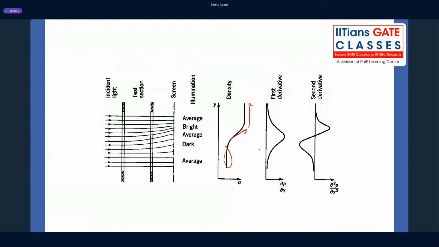So it is the direct density change. This is the derivative of this curve, the first derivative. This is the second derivative of this curve. Based on this idea, we can have either shadowgraph, which is sensitive to the second derivative, Schlieren, which is sensitive to the first derivative, and interferometry, which is actually sensitive to density itself.